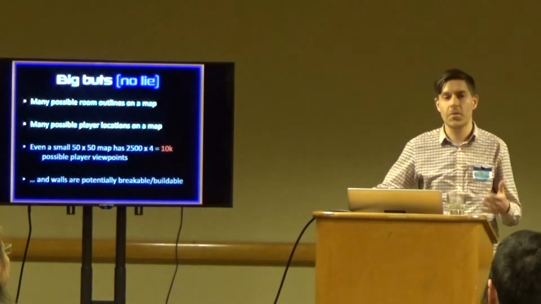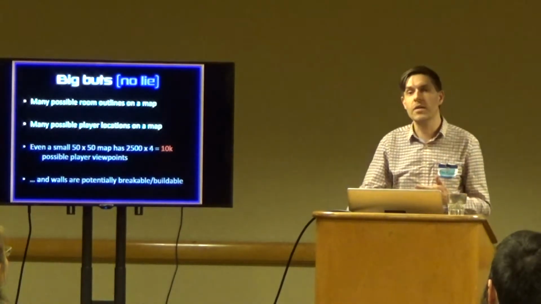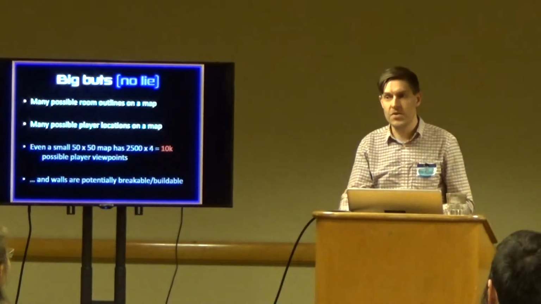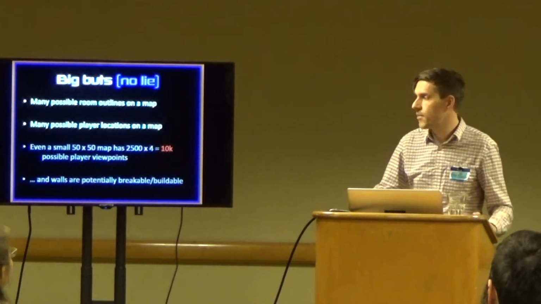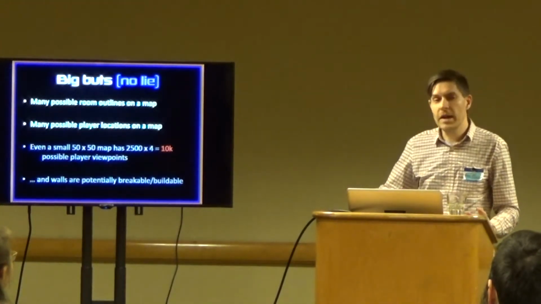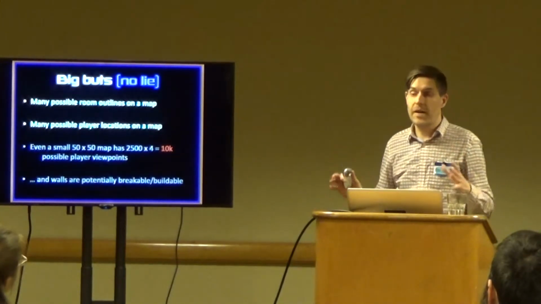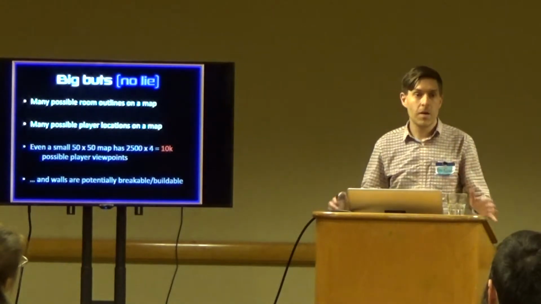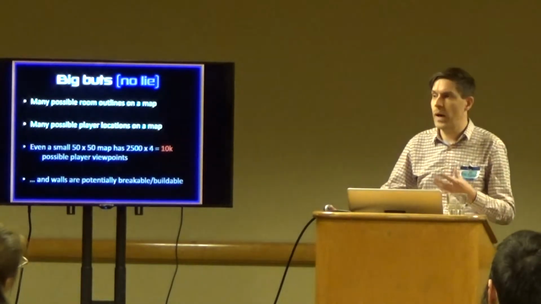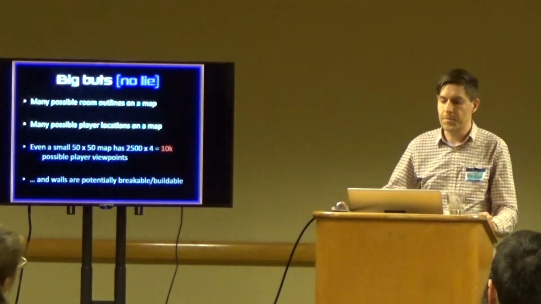And we haven't even taken into account that this is an open world, and I might even be able to change the positions of walls in some sense. So it's really not a great idea to think about pre-computing this for the actual game map. What I want to do is have a modular way to build up any map on the fly.